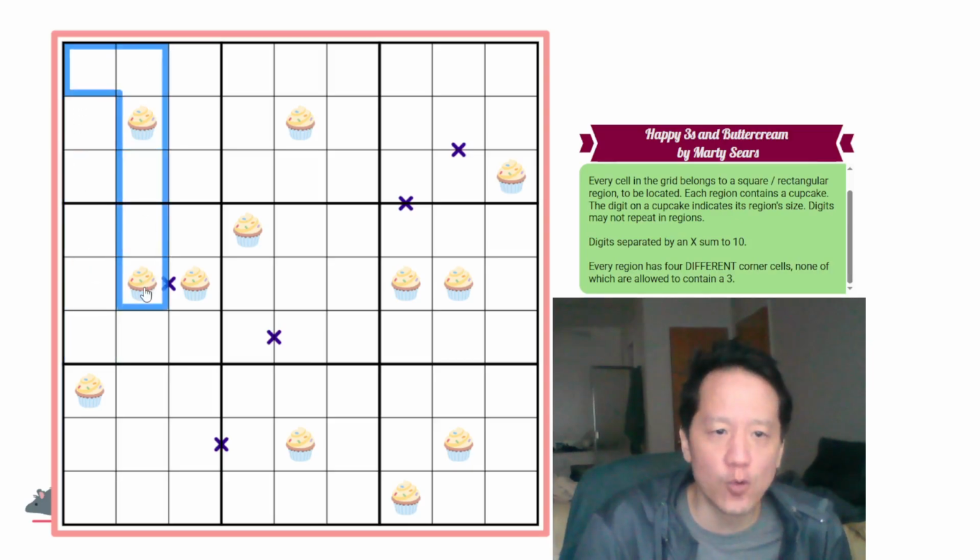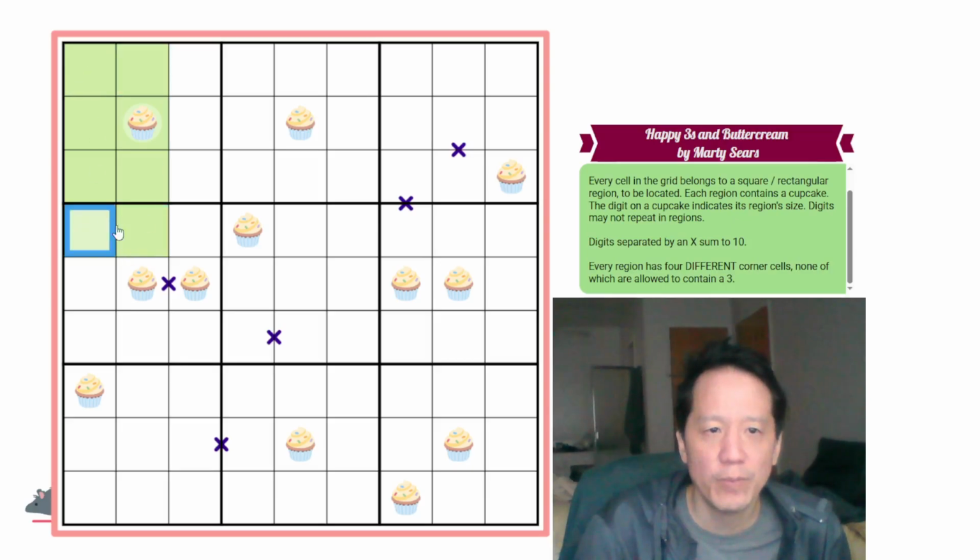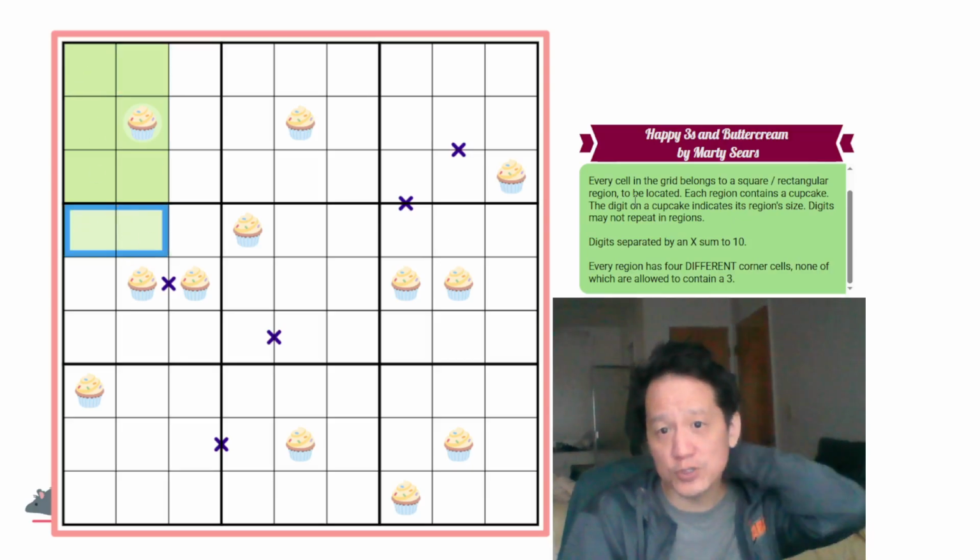Because you have to have 4 different corner cells in every region, and none of them can contain 3. So say we had a region here. None of these corner cells could contain a 3, and they all have to be different. So these are all different cells, obviously. And those are all the rules.